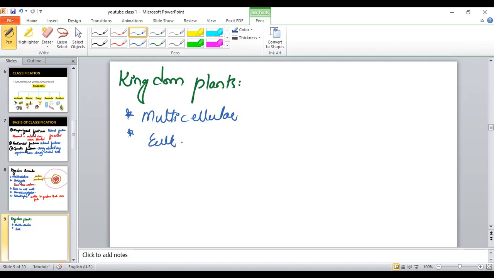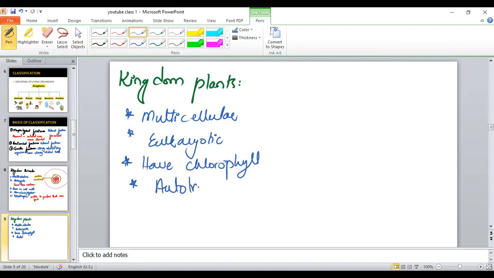Again, they have a true nucleus. Around the genetic material, the nuclear membrane is present, but they have chlorophyll also. When they have chlorophyll, they can perform photosynthesis. And when they can perform photosynthesis, they can prepare their own food. So they are called autotrophs.